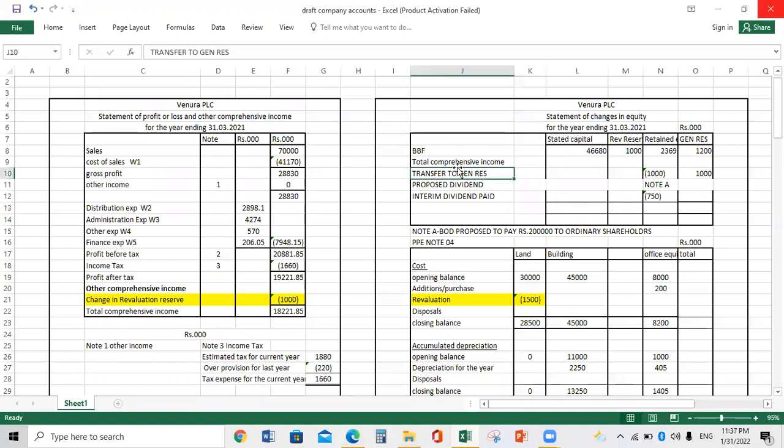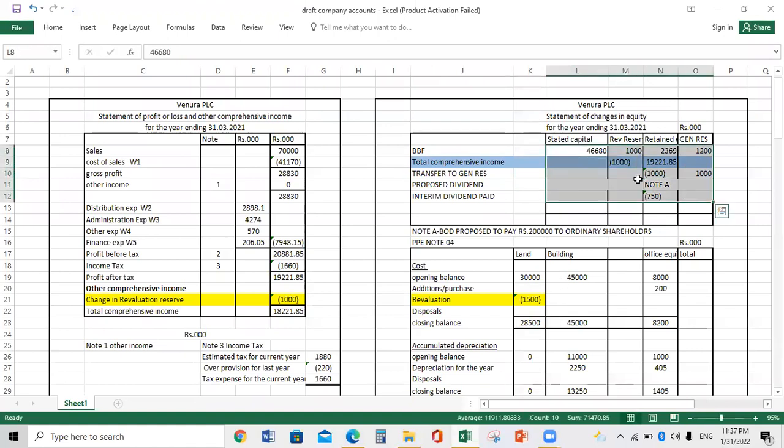Now, guys, get the answers. Total comprehensive income transfer to SOCE. You write it in one row. You can't write it in two. One row. So the profit after tax goes to retained earnings. And the revaluation part, the OCI, goes to revaluation reserve.